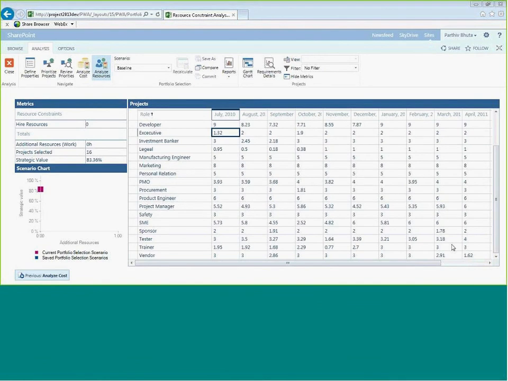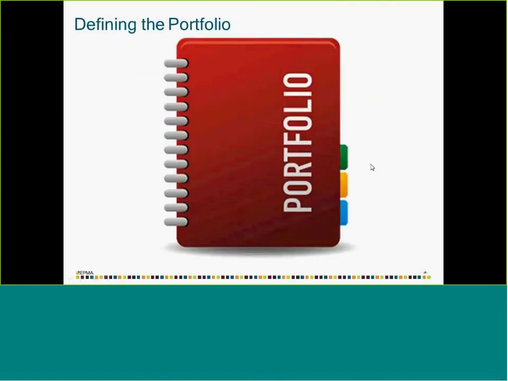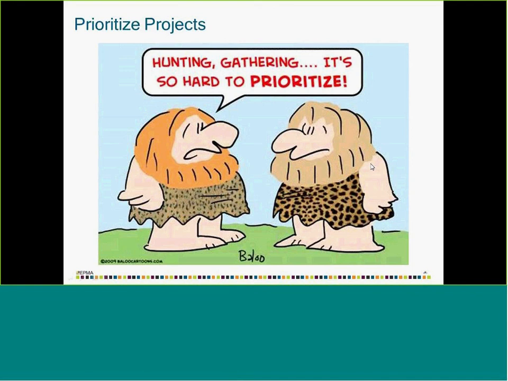Well, after you've done your portfolio analysis, you have an option to commit to these projects. There is a commit button over here, which you can use to commit your projects.